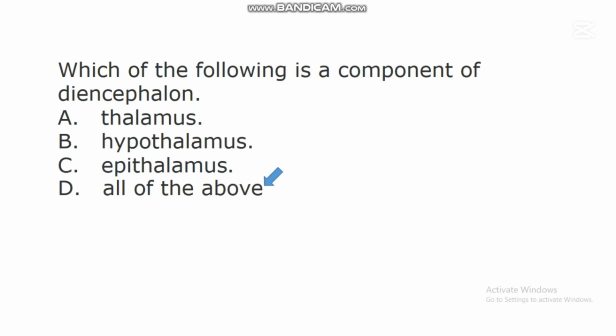This division of the brain known as diencephalon comprises the thalamus, hypothalamus, and even epithalamus. Therefore, thalamus, hypothalamus, and epithalamus are various components of diencephalon.